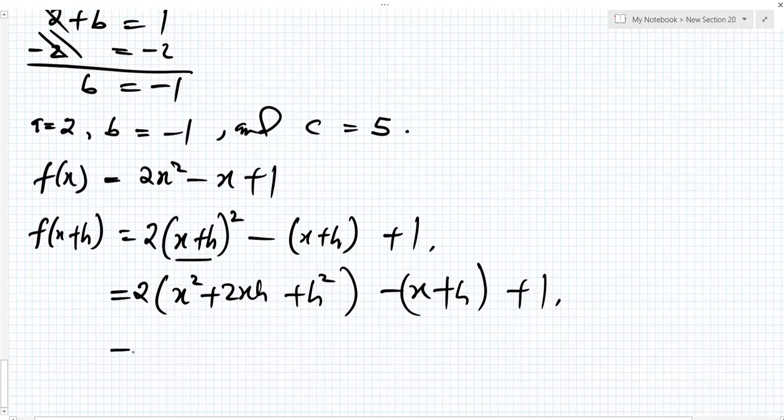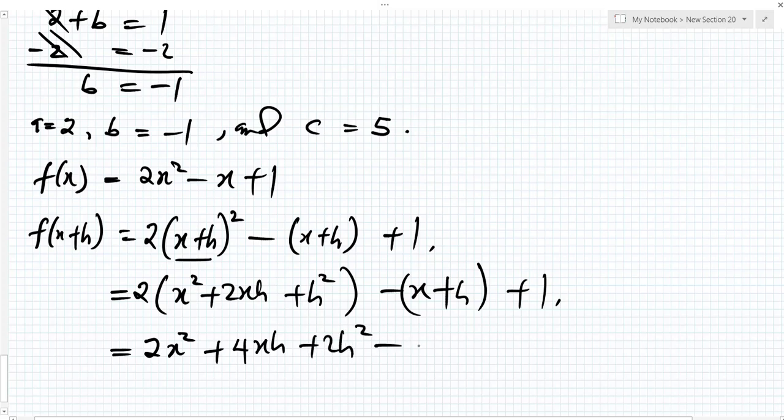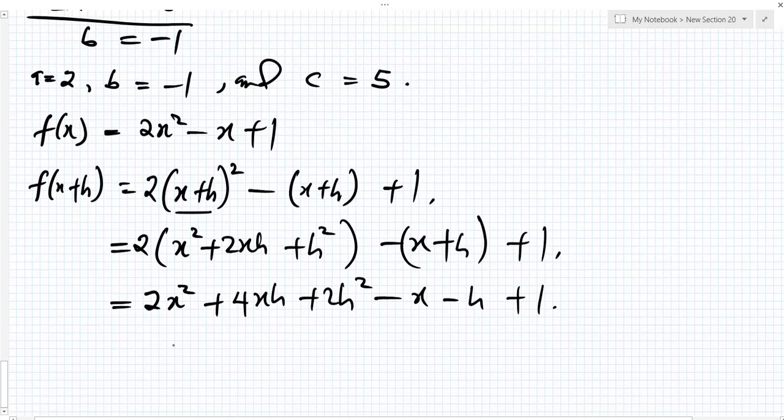Now let's open up this bracket. We now have 2x squared plus 4xh plus 2h squared minus x minus h plus 1. So this will be f of x plus h.